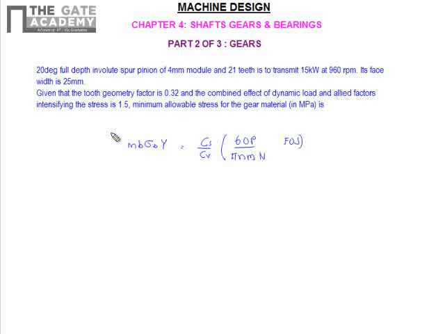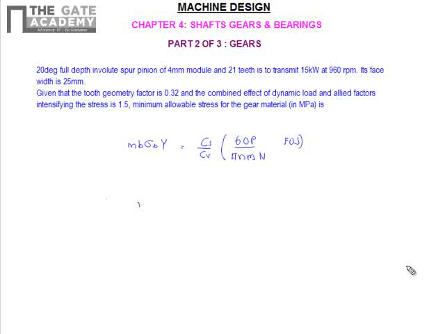Now we have the basic equation MB sigma B Y is equal to CS by CV into 60P by pi N M capital N into factor of safety. Now as we do in other problems also, we will try to list down what are the parameters used here. Okay, here what are the parameters given?